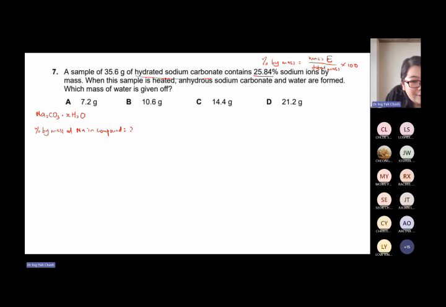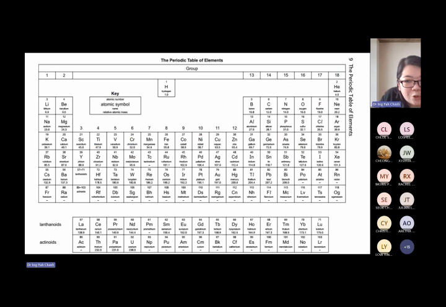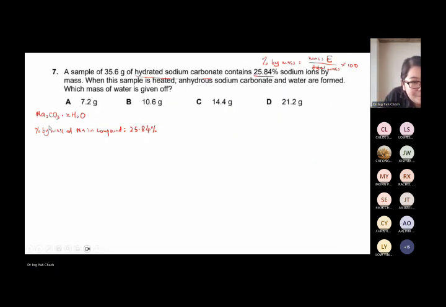The percentage is 25.84. So that means sodium, from the periodic table, is 23. 23 times 2, because I have 2 sodium here, divided by the total of this.